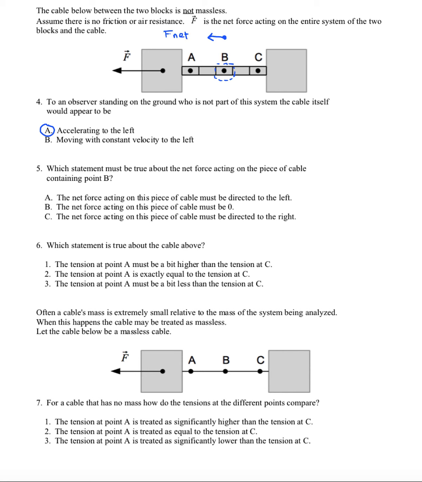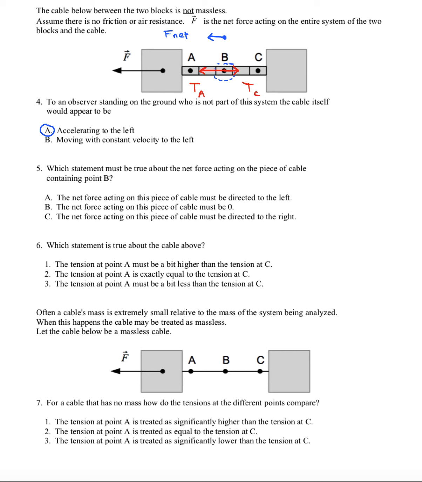But what are the actual forces acting on that piece of cable? Well, the cable is pulling on B from the left side, and it also pulls from the right side. But which side pulls harder? Hopefully we can see from the net force here that the tension at point A has to be greater than the tension at point C. It's the only way that that mass could accelerate.